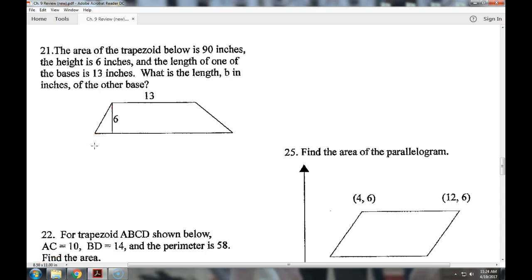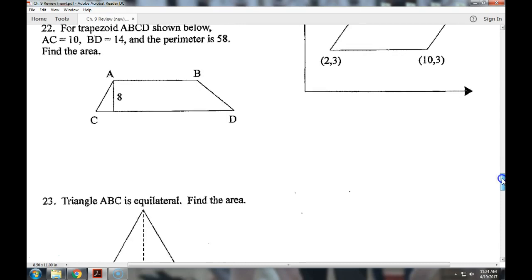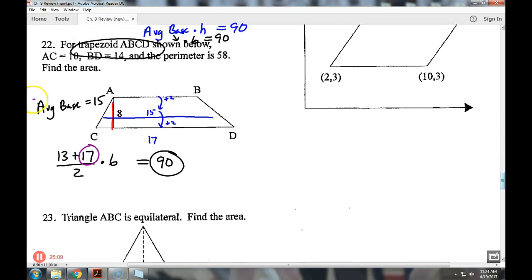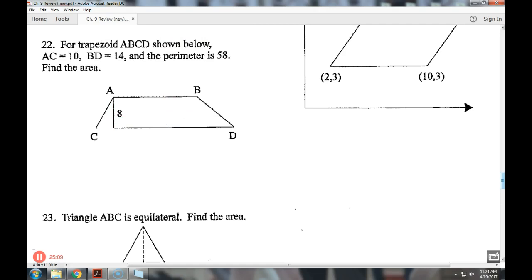All right, moving on down, number 22. Got another trapezoid. Got to put some labels on here. AC is 10. B to D is 14. The perimeter is 58. Find the area. Well, let's think about this. Let me use this clue.